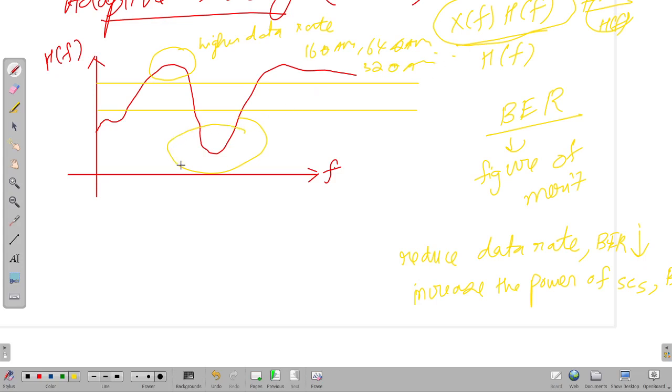And in the frequency response areas where the value is less, you could use a lower data rate.